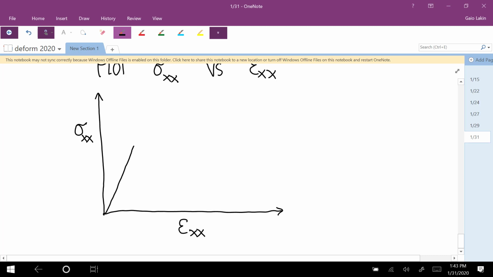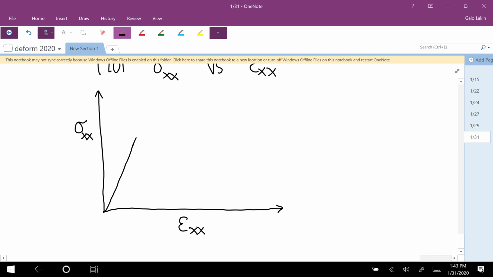Then as you increase the normal stress, as you apply bigger and bigger forces, you get a very nearly linear relationship between stress and strain up to this point. I'll call this A.